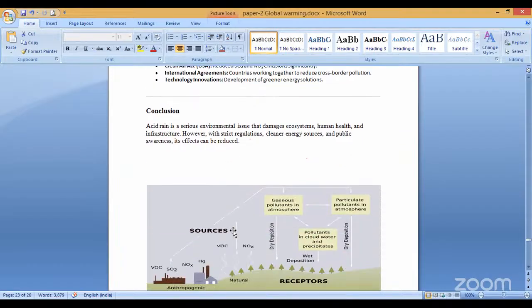Coming to the conclusion, acid rain is a serious environmental issue that damages ecosystems, human health, and the infrastructure. However, with strict regulations, cleaner energy sources, and public awareness, its effect can be reduced.